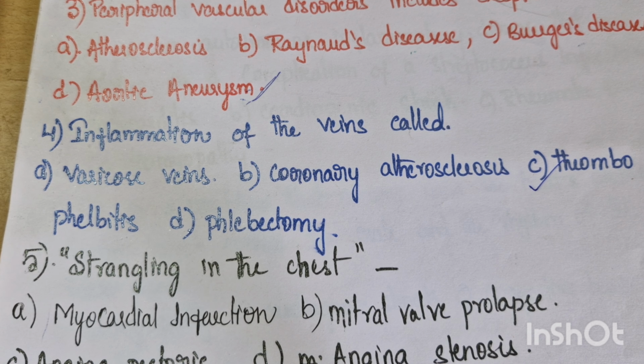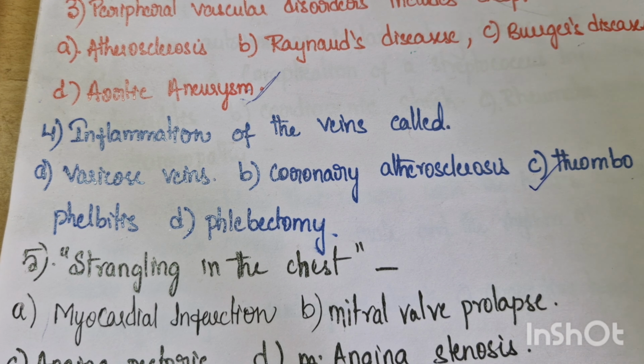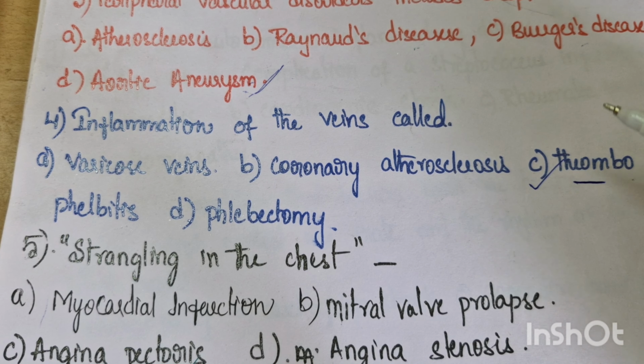So they have given thrombophlebitis here, so that will be the answer. Otherwise they will give options only to confuse you. So among the main 4 options, the answer is phlebitis, that is the inflammation of the veins.